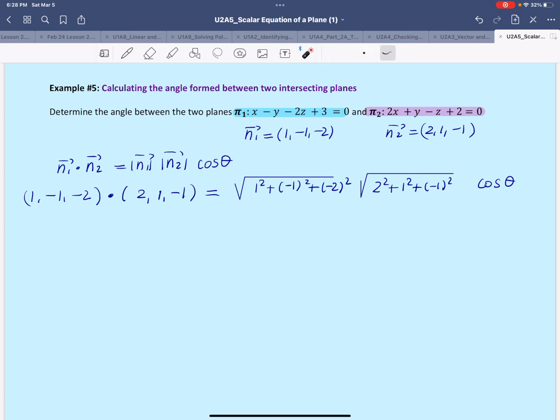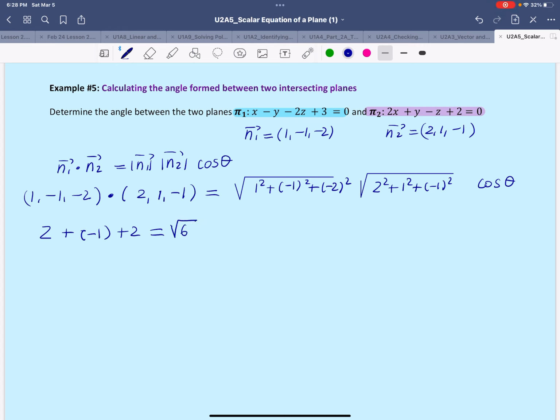So again, here we're multiplying x's together. 1 times 2, 2. Y's together. -1 times 1 is -1. And z's together. -2 times -1 is +2. So the magnitude of n1 would be the square root of 1 plus 1 plus 4. So that's root 6.